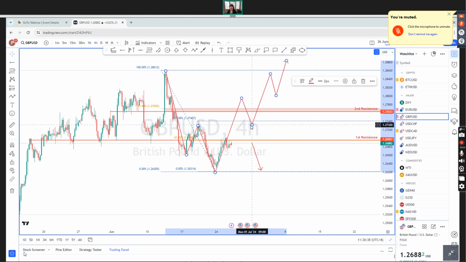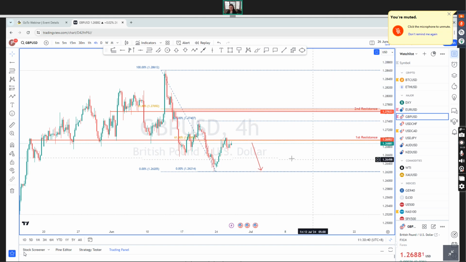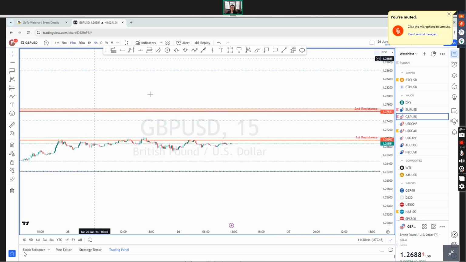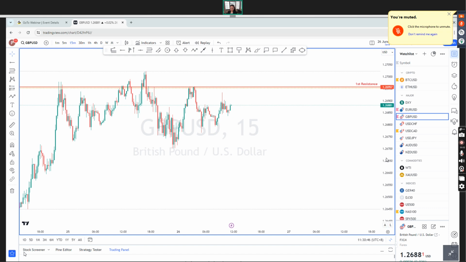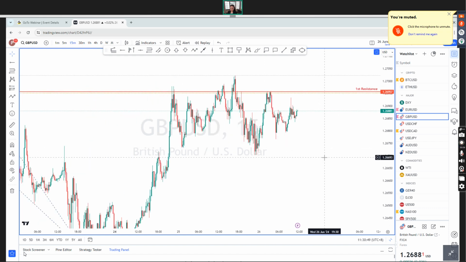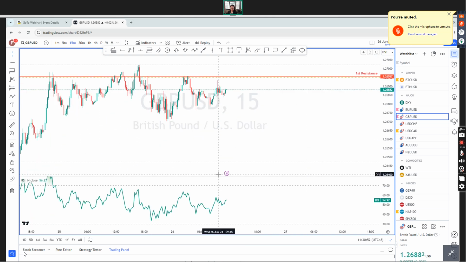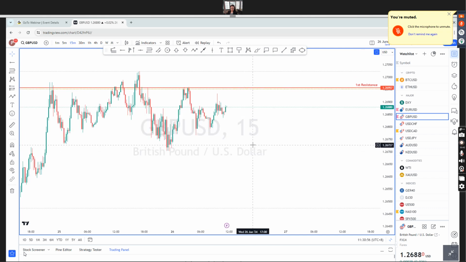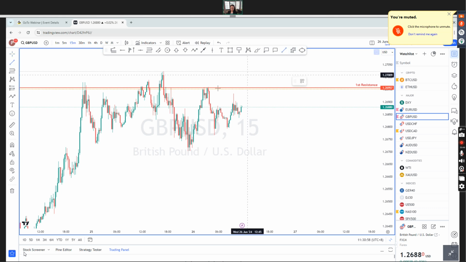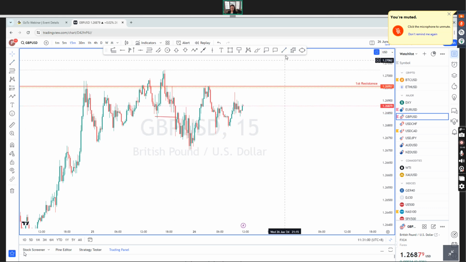Okay. So now as long as price cannot break above the first resistance, we still look to short from this level. You go to M5 or M15, you will see that in the lower time frame, okay, here I saw that price broke this level.